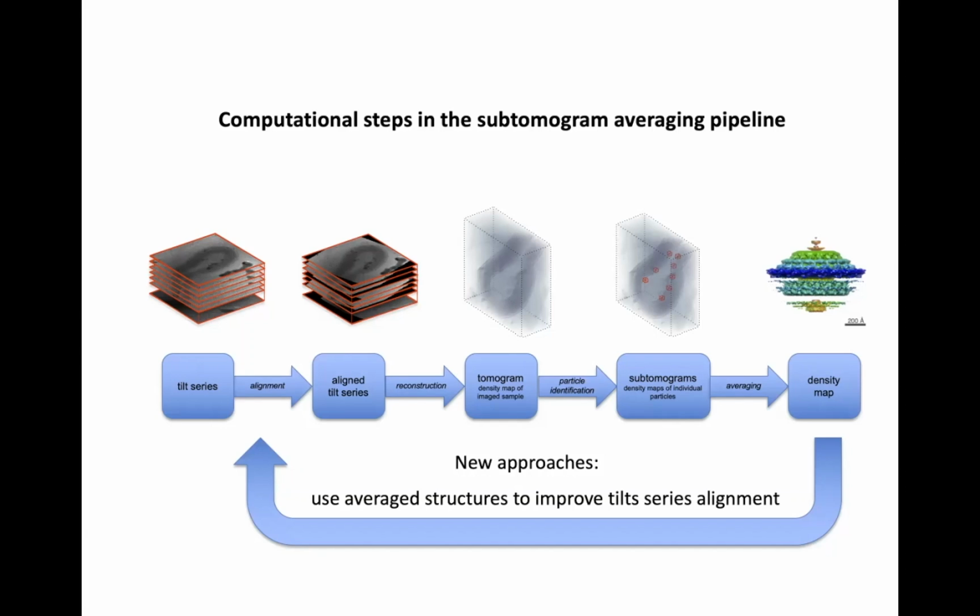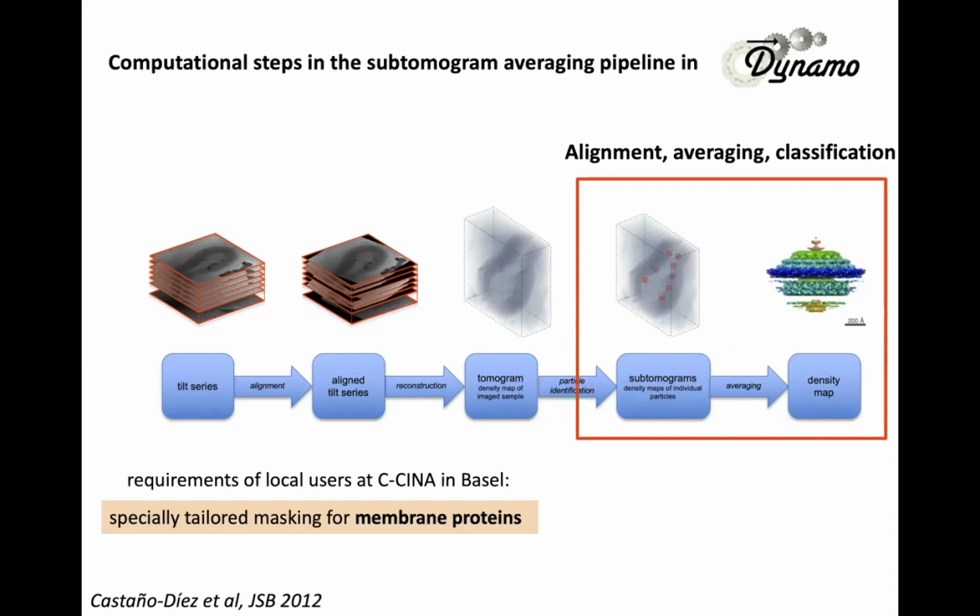That's what you can do with EMClarity, that's what you can do with M from Dmitry Tegunov, and that's what you will be able to do also with new releases of Dynamo incoming. Also with EMAN2. Now this scheme that I'm showing now is becoming the new standard in subtomogram averaging.